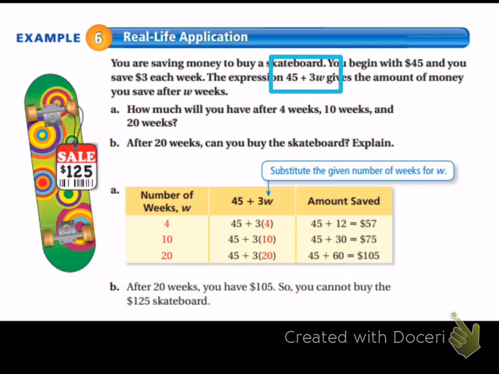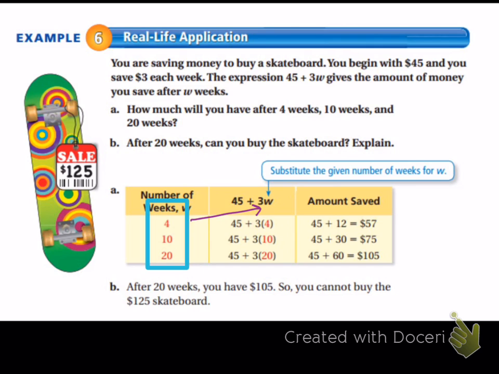It's something that changes. So in example A, when it says how much will you have after 4 weeks, 10 weeks, and 20 weeks, now because we have that algebraic expression, we can plug these numbers in for the w and find the amount saved after each one. So if you look, they take 45 plus 3 times 4.